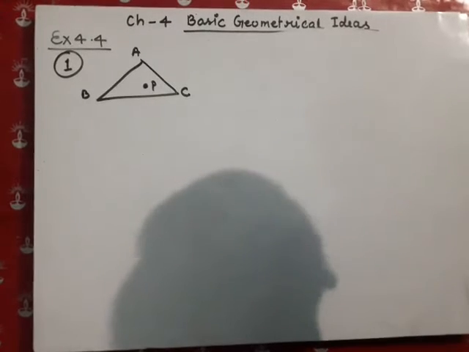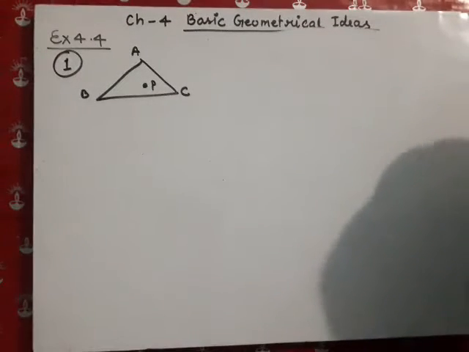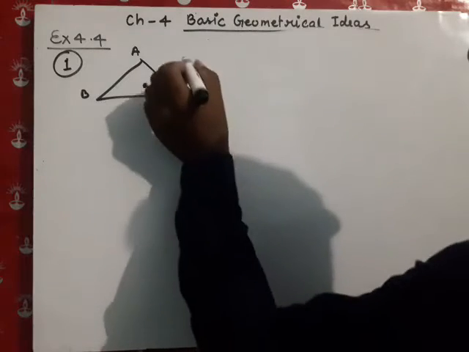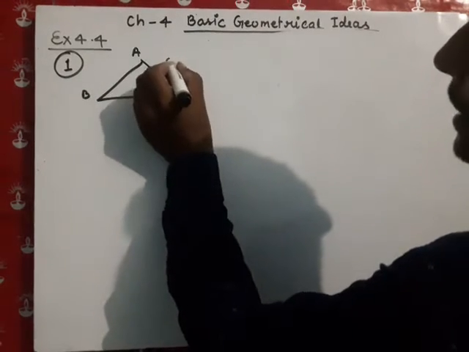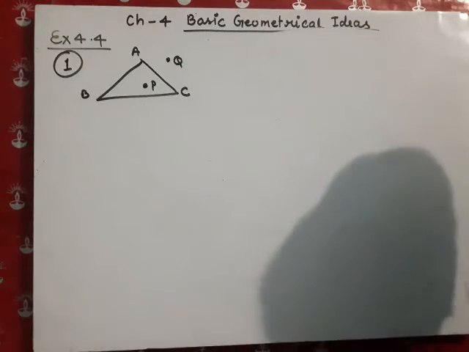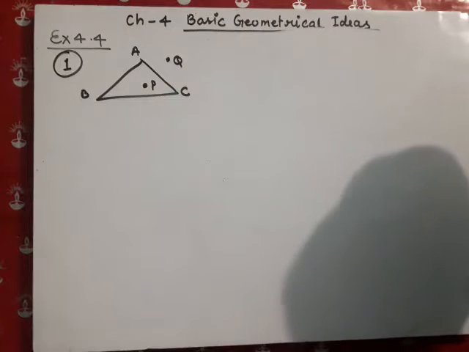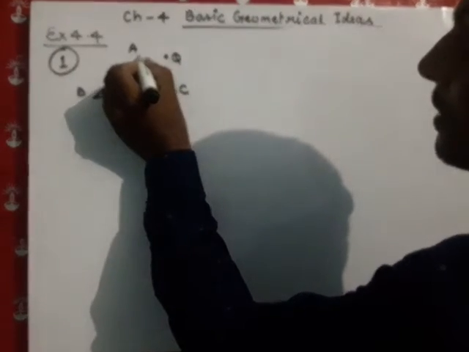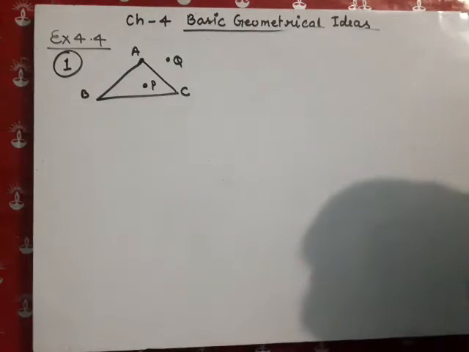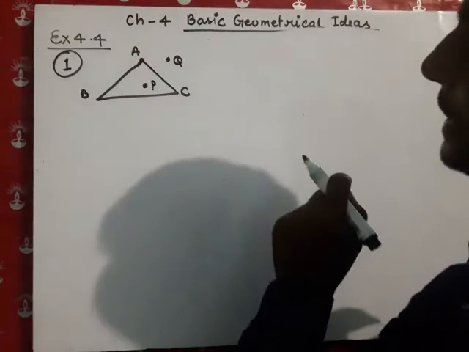Now a point Q in its exterior. You can take it anywhere outside of this triangle. So I am taking it here. This is point Q. Now the question asks whether point A is in its exterior or in its interior.